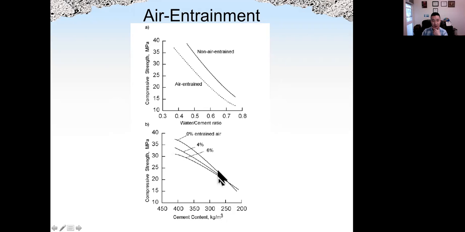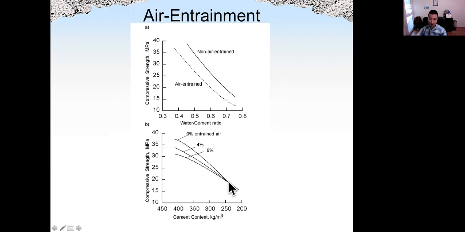Different lines have different entrained air percentages. But the same trend is that when we increase cement content, the strength will be lower here. But also, when the cement content is the same, the lower the entrained air percentage, the higher the strength.